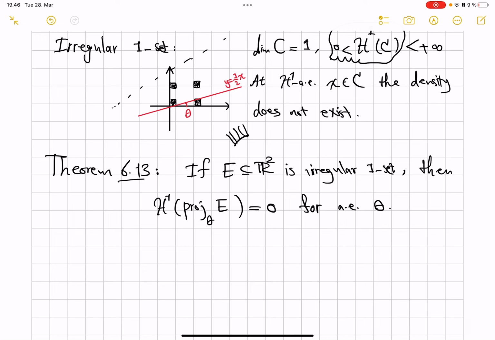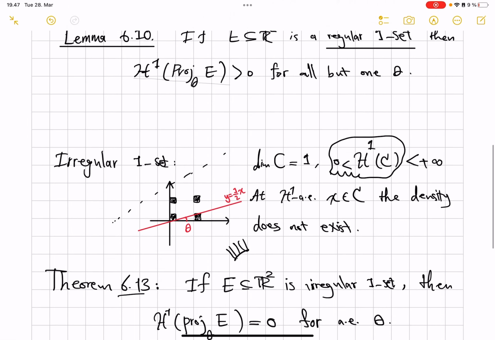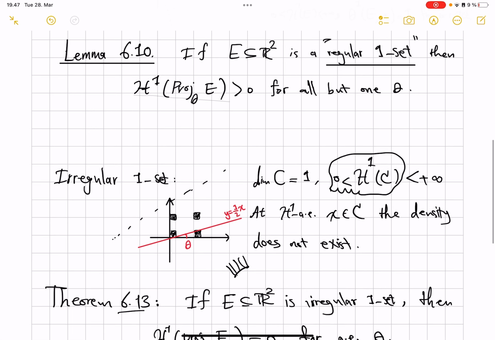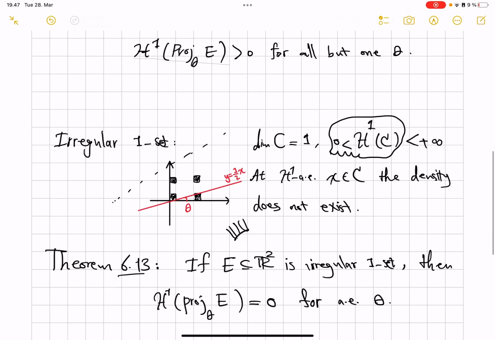When we make precise the definitions of rectifiable and purely unrectifiable sets, we will repeat these theorems in that terminology, which is the terminology picked up by modern textbooks, maybe more than regular and irregular sets.